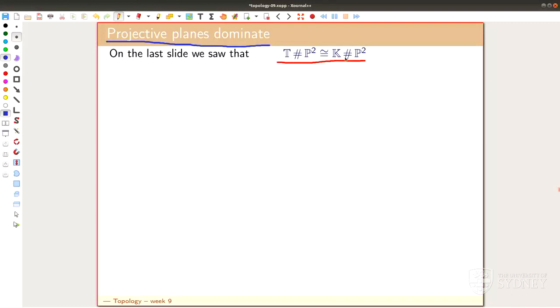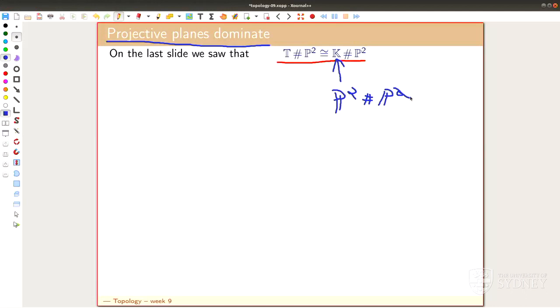But just think of this equation here: K itself is twice the projective plane, so projective plane hash projective plane, and then you can get rid of a torus by picking up more projective planes, as soon as you already have a projective plane around. As soon as you have one of them, they just multiply like crazy, and you have thousands of them. They dominate everything.